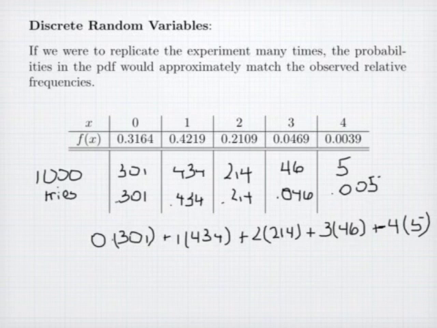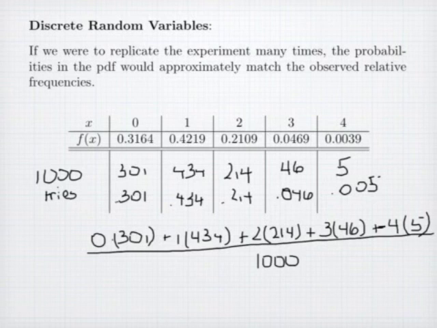If I were to add all those up and divide by 1,000, I would calculate my sample mean. This is the regular average, the kind of average that we might normally think about. When I add all those values together, I get 1,020.